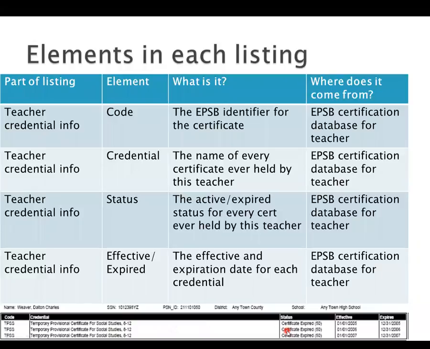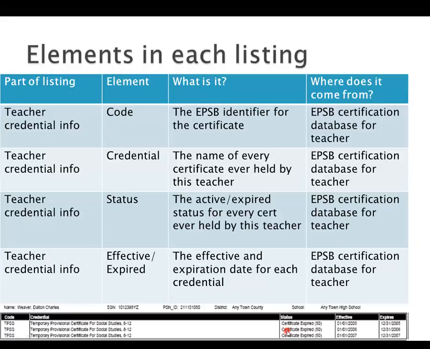The status that you may see are cert expired, cert issued, do not print, history, teacher intern, teacher statement of eligibility, revoked or suspended. The ones that are considered active credentials are certificate issued, teacher intern, history, and do not print.